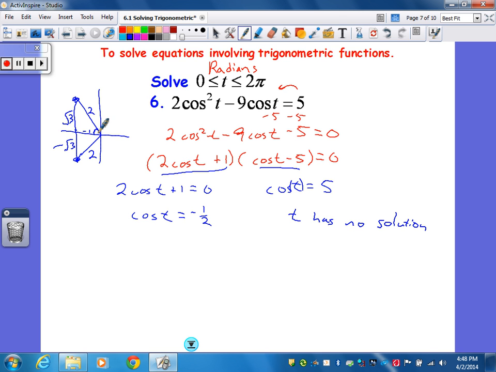So we know t will be equal to, we need radians again, 2 pi over 3. Well, now we need to go down here, which is another reference angle of 60, which is 4 pi over 3. Okay, so answer.